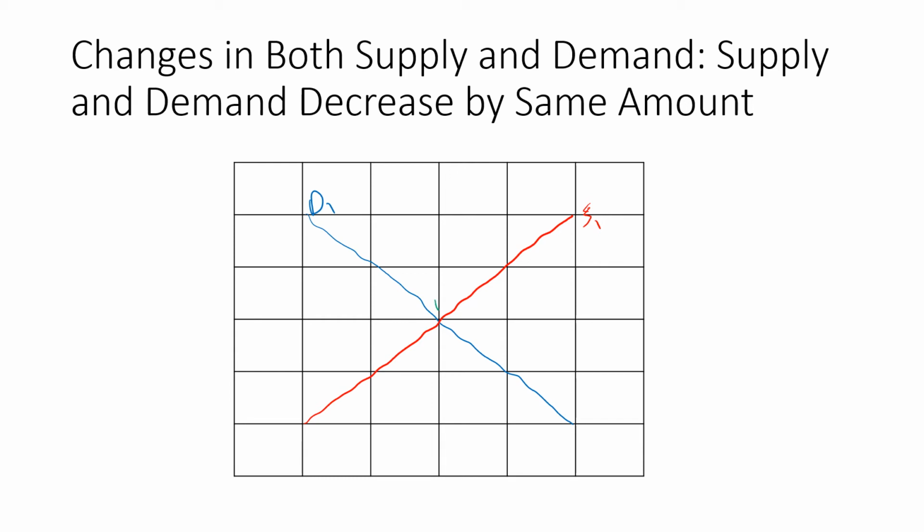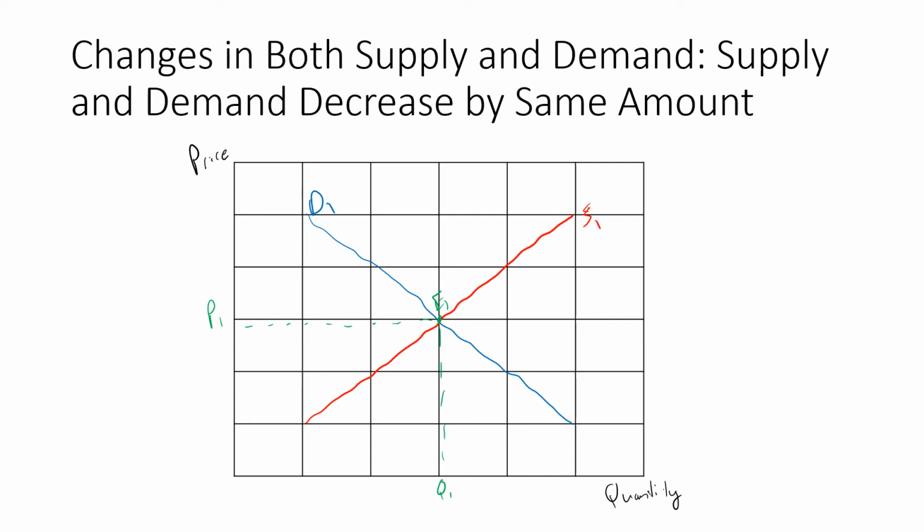This is, of course, our equilibrium 1, that point here. That means we come down here, we have quantity 1, because this is quantity of our item, whatever it happens to be, and this is price. And then we have our initial price, or P1, here.